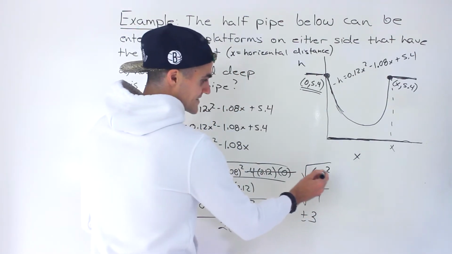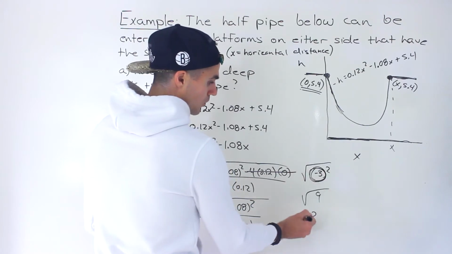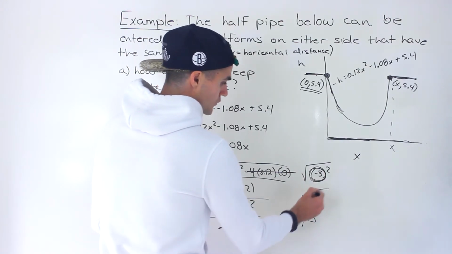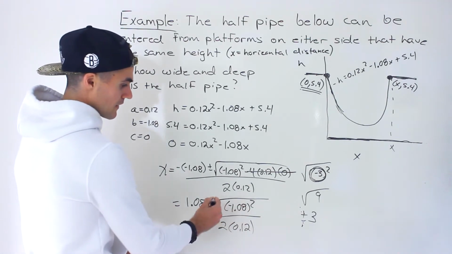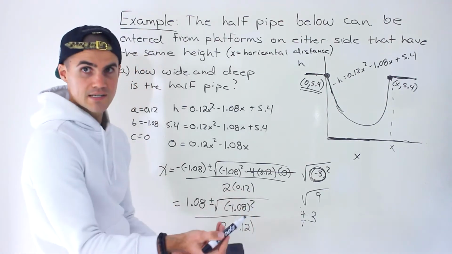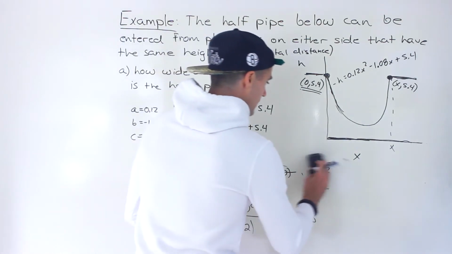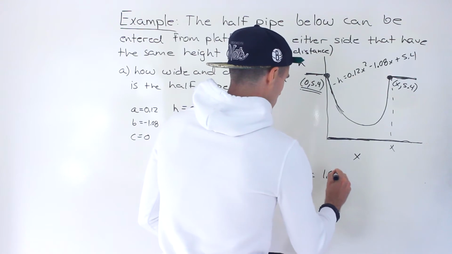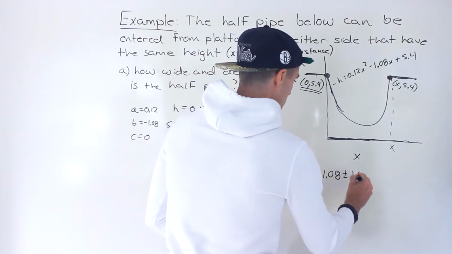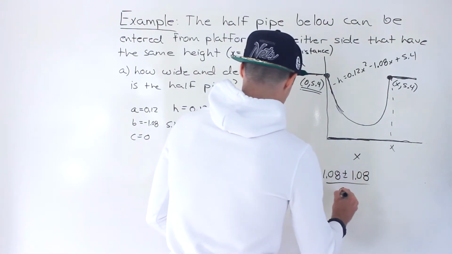So we end up with that same value here. The negative goes away, and it's a plus or minus after we square root it. We square this, and then we square root it, so we still end up with that 1.08. And so what we would get is 1.08 plus or minus 1.08 all over 0.24.